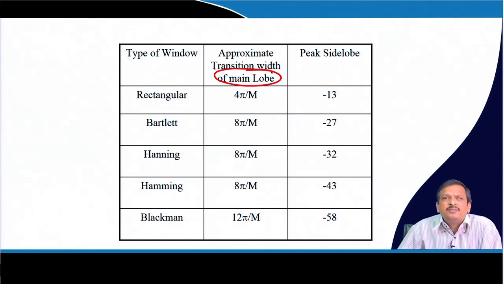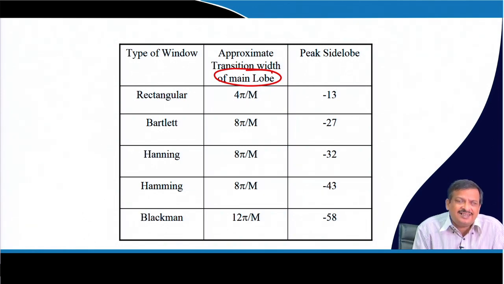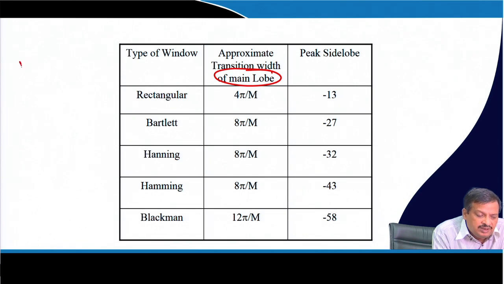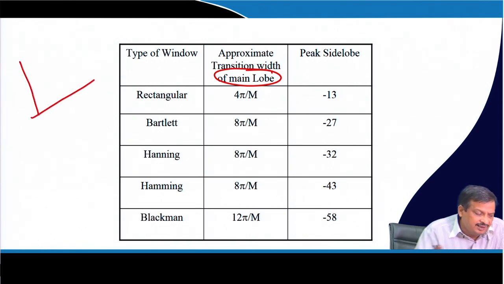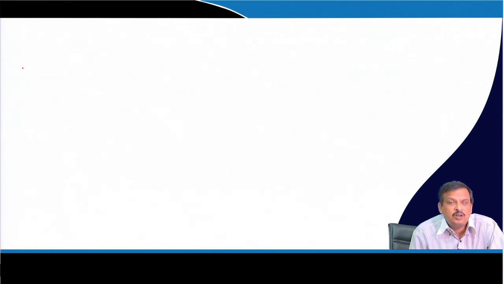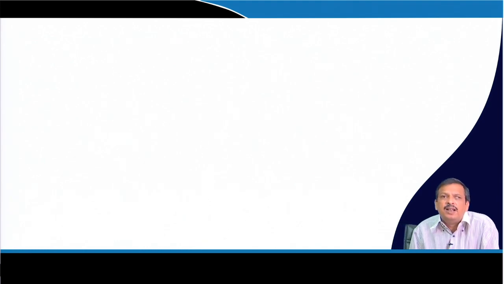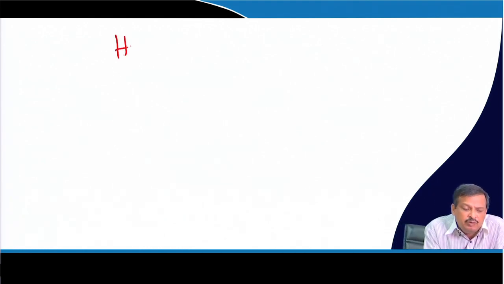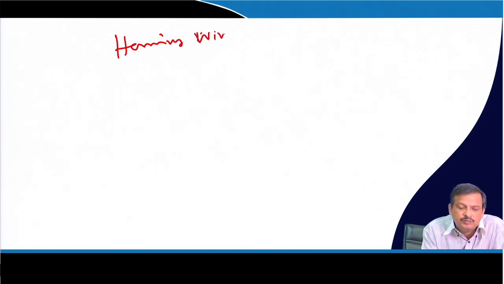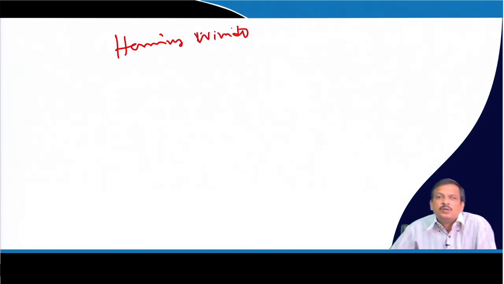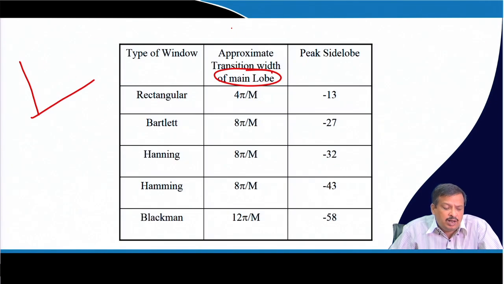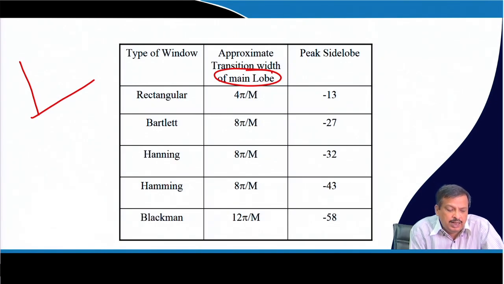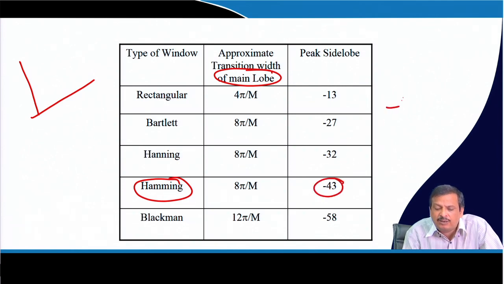So what is the relationship? Let's take an example. I want to design a filter using the Hamming window. When I say the Hamming window, I know the peak side lobe is minus 43 dB.